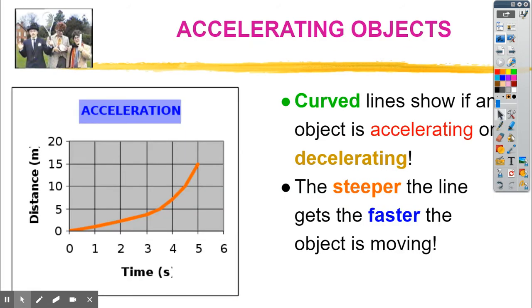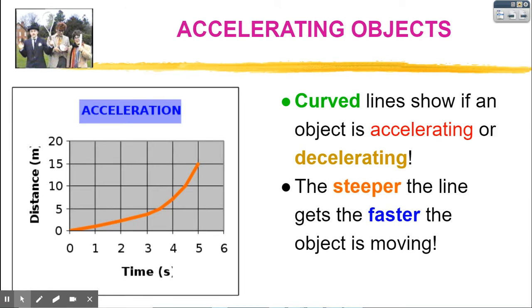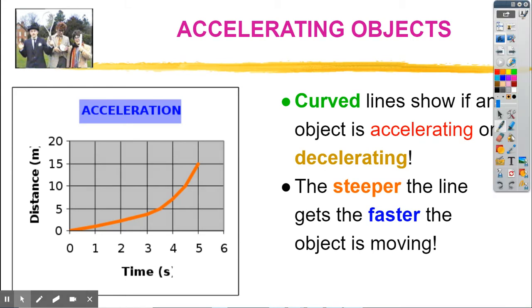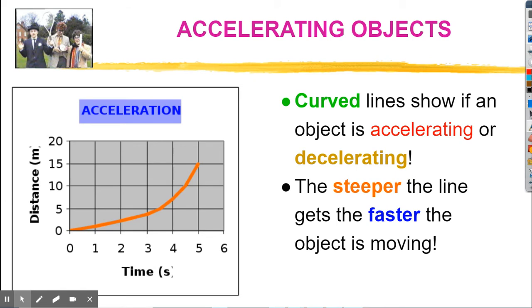All right, so accelerating objects, we can look at accelerating objects as curved lines. Curved lines show if an object is accelerating or decelerating. The steeper the line gets, the faster the object is moving. So I am accelerating here.